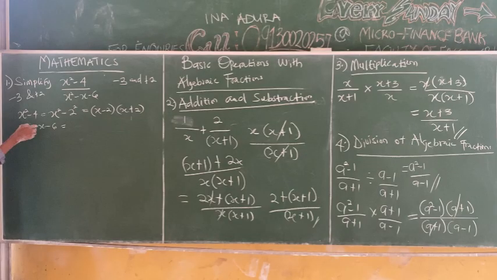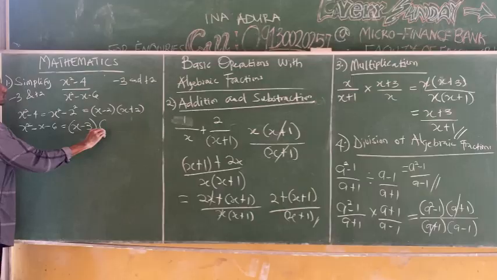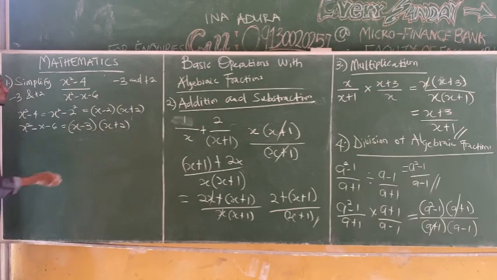When you add them it gives you minus 1, and when you multiply them it gives you minus 6. Therefore we have x minus 3 and x plus 2. Now we will substitute this into this equation.